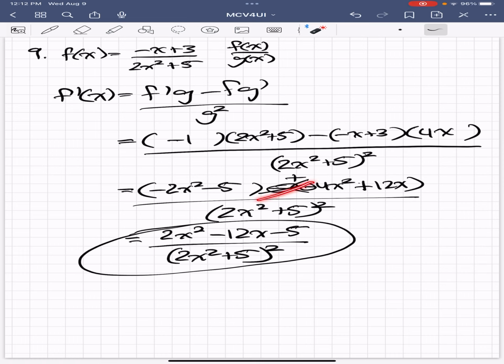I cleaned up the function because I had two negative signs here that became a plus, and that got me to 2x to the power of 2 easier. But don't forget that negative sign also applies to this plus 12, and this positive sign does not. So that's how I got negative 12x, and minus 5 was left over as well, and that's how I got my answer.